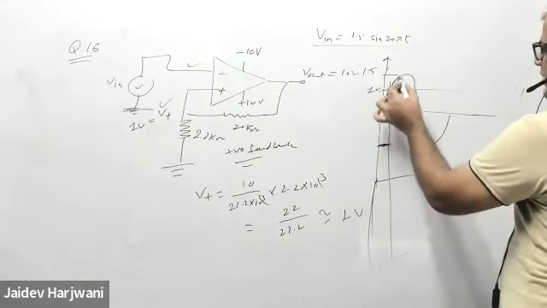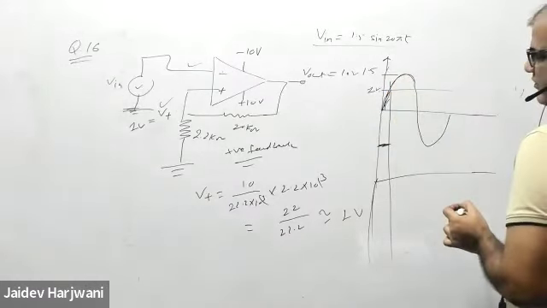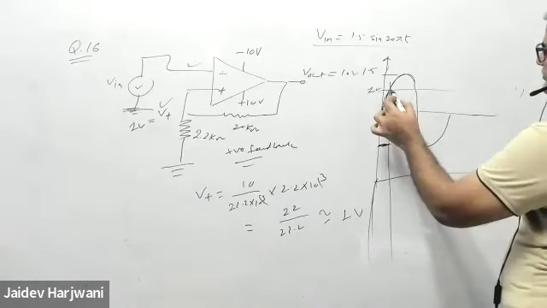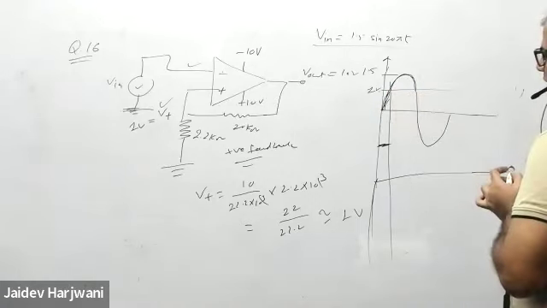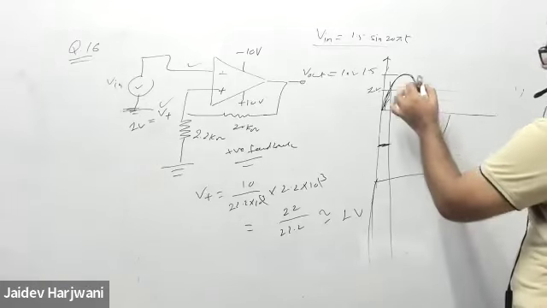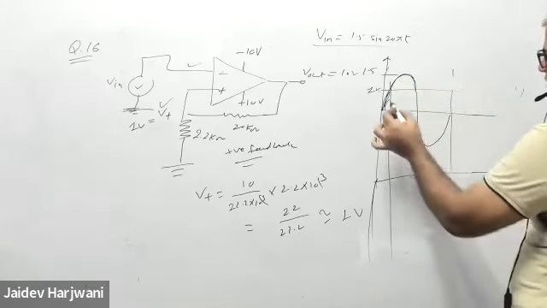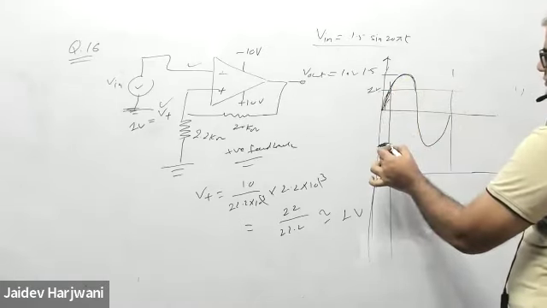And after this point, to which point? After this point, here you have negative is more. Then tell me after that. After that it will be always positive, because here plus is more.